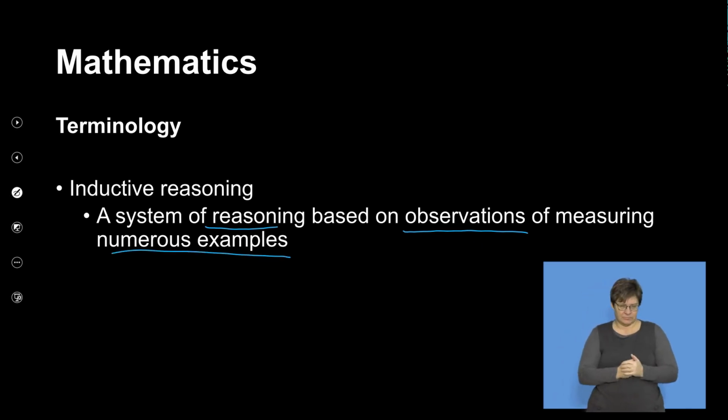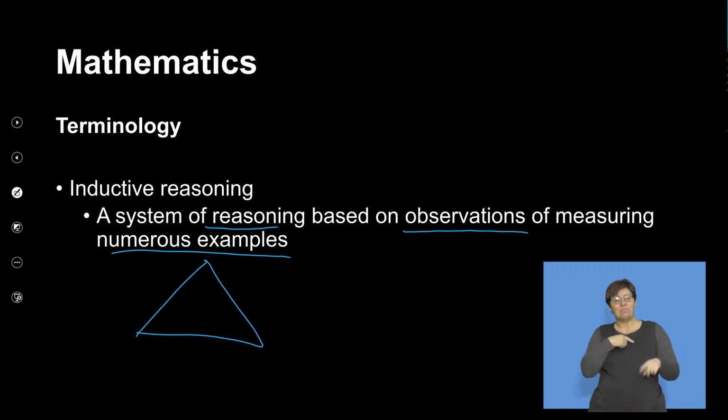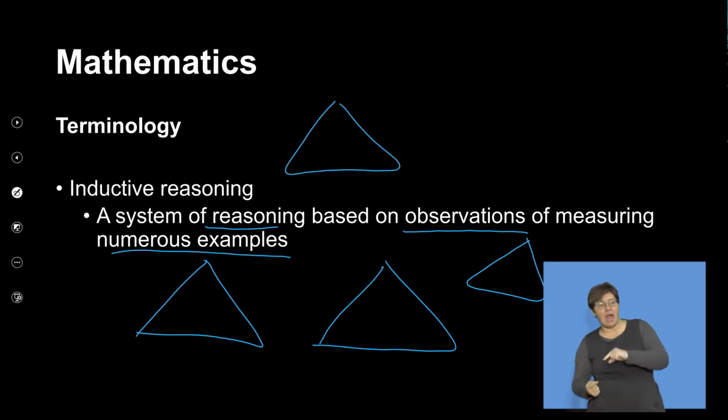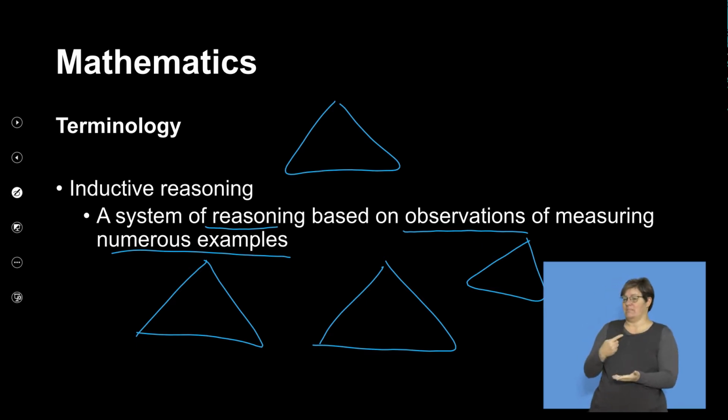So for example, I cannot say anything about this triangle unless I measure the same lengths and the same angles in another triangle and in another triangle and in another triangle, and then at the end I give a reason to say, because I've been observing this in all my triangles, this is the claim that I can make. That's what inductive reasoning is about.